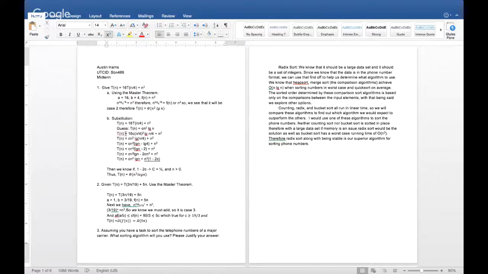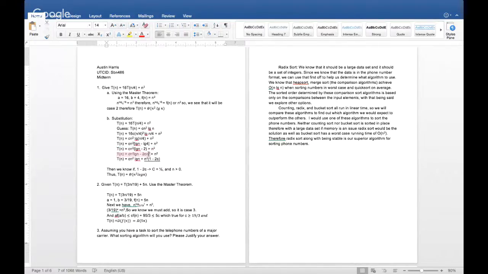The next step, we have 16c(n/4) squared log(n/4) plus n squared. And now continuing after working that out, we have T(n) equals cn squared log(n/4) plus n squared. And then we have T(n) equals cn squared (log n minus log 4) plus n squared. And next we have T(n) equals cn squared (log n minus 2) plus n squared.